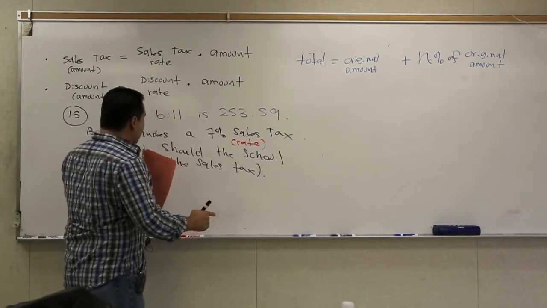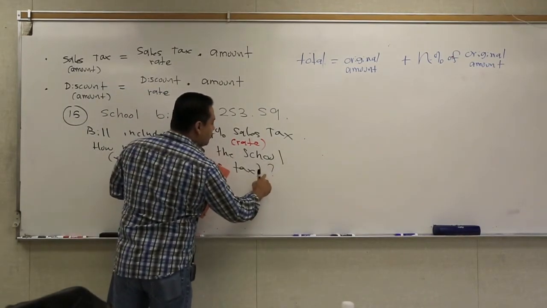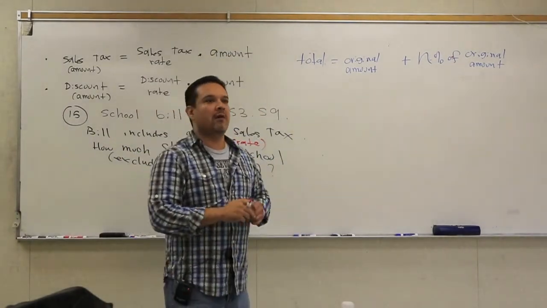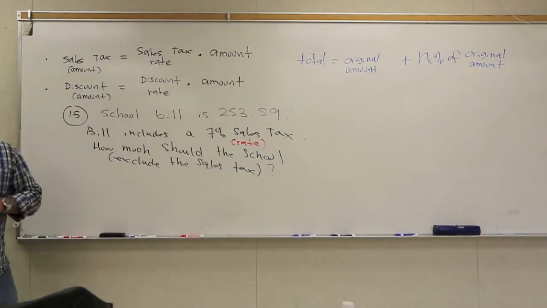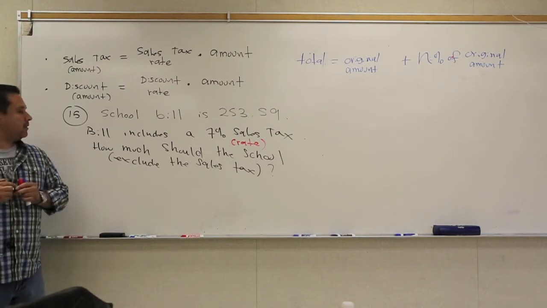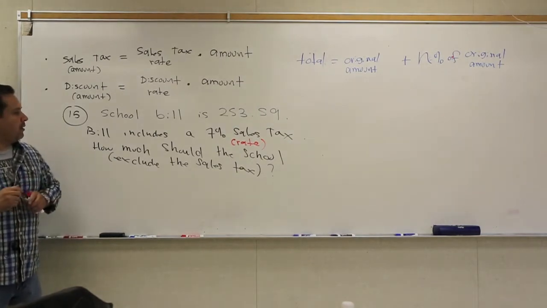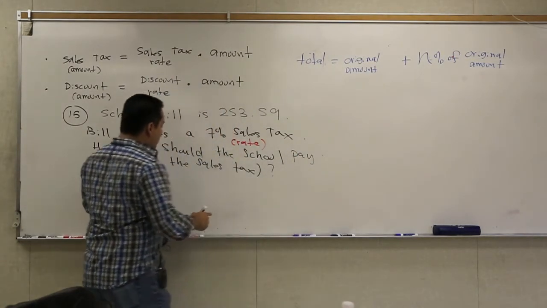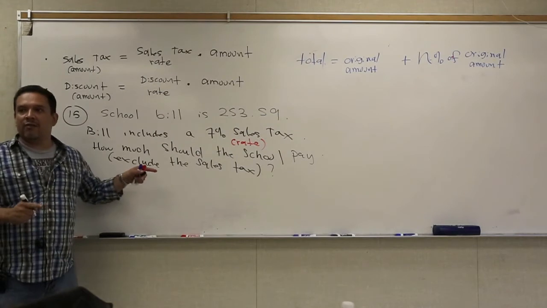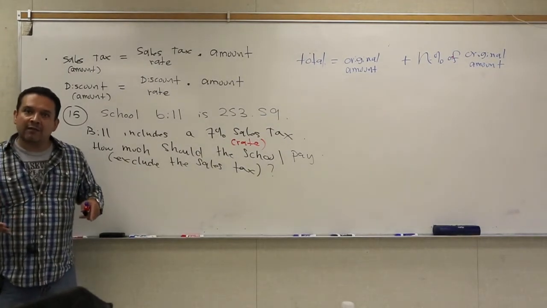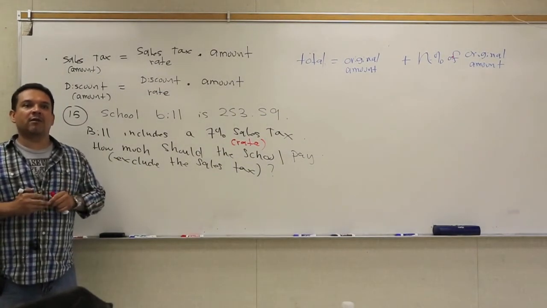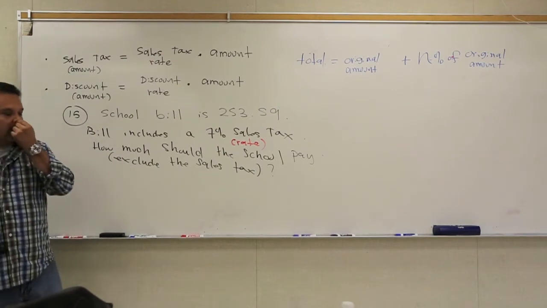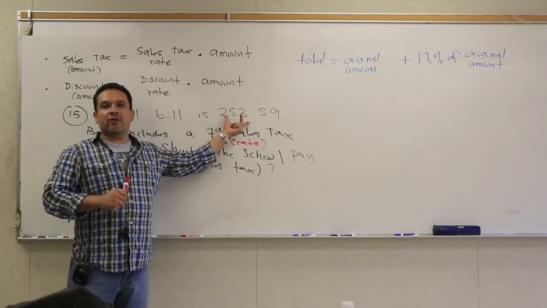Exactly. Let's just paraphrase this. How much should the school pay, excluding the sales tax? In other words, I guess schools don't pay sales tax. So they incorrectly charged the school. They included a 7% sales tax, which corresponds to an amount. That total was $253.59.